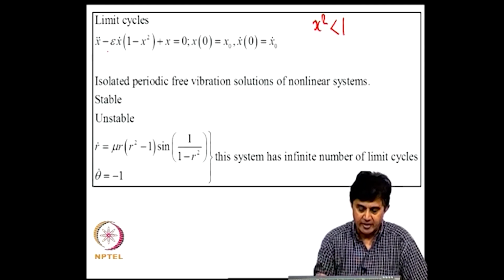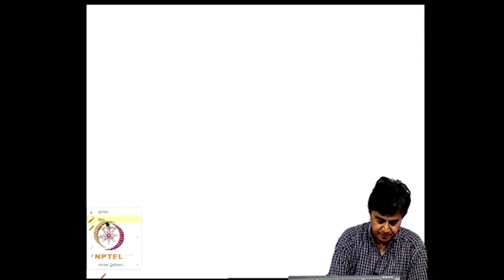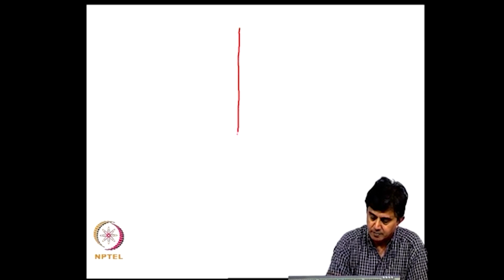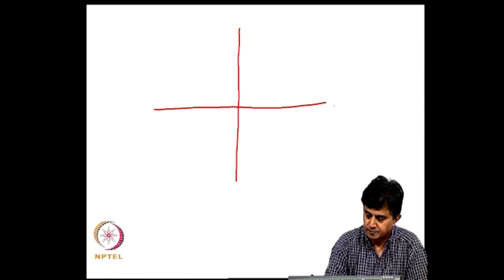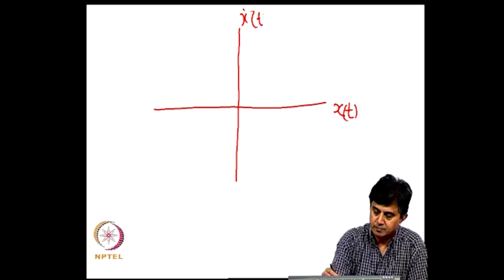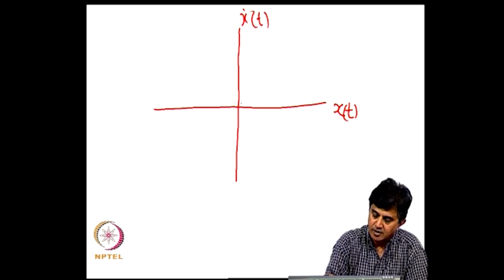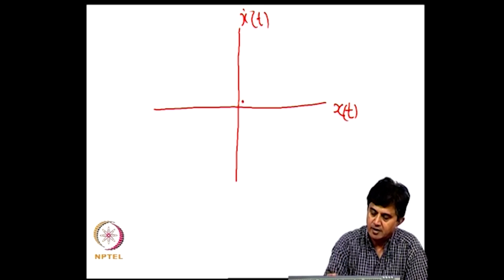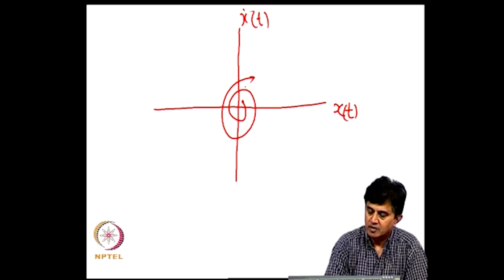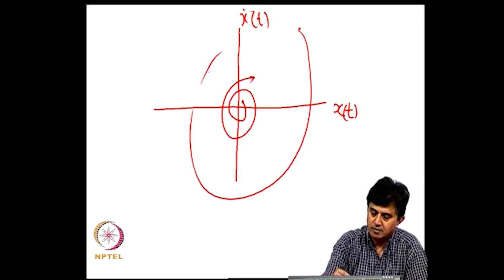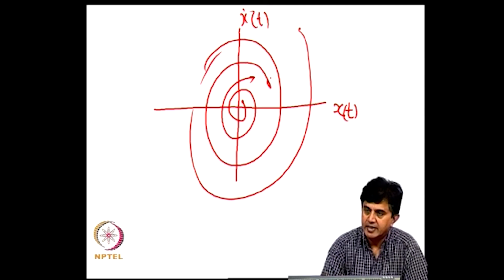If we now look at that in the phase plane, a motion originating near the origin, that is small oscillation, will tend to grow, whereas a motion which originates away from the origin will decay.